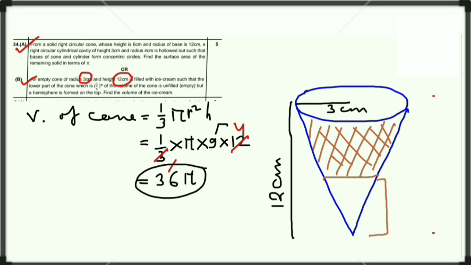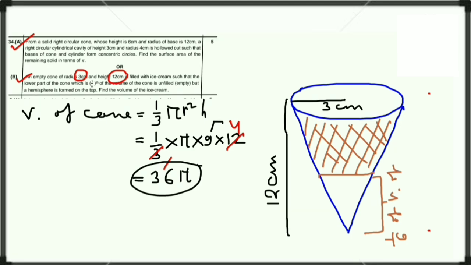What part of the cone is not filled with ice cream? Here it is given, 1 by 6th part of the volume of the whole cone. So, to find the volume of ice cream contained in this cone, we have to subtract the volume of this lower empty part from the volume of the whole cone. So, firstly, let's find the volume of this lower empty part.